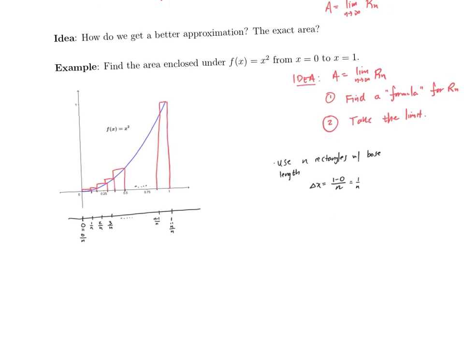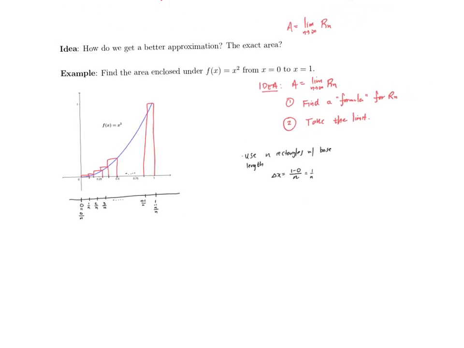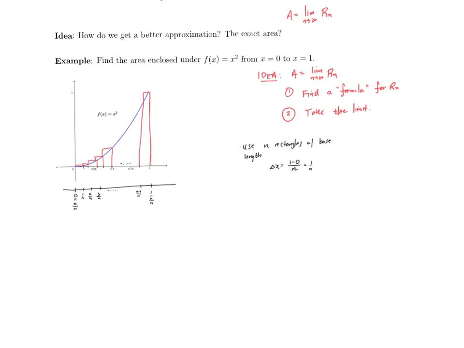Now I'm going to zoom back out a little bit to give us some space. We would like to determine R sub n, and what I need to do is add up the areas of each of these individual rectangles. Starting with the first one, its base length is 1 over n, and we determine its height by substituting that right-hand endpoint, 1 over n, into the function f of x. Then we go to the second rectangle.